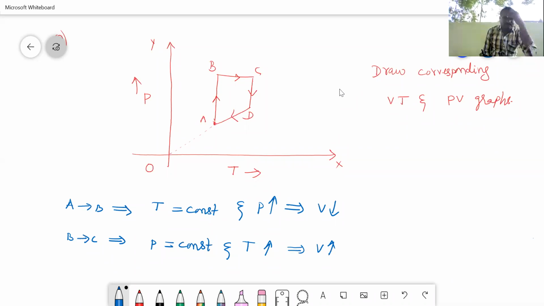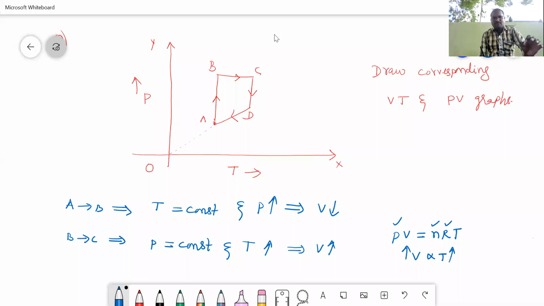See, PV equals nRT. n and R are constant, P is constant. What is the relation between V and T? This is the relation. Temperature increases means volume also should increase. Clear? Students, are you getting it?